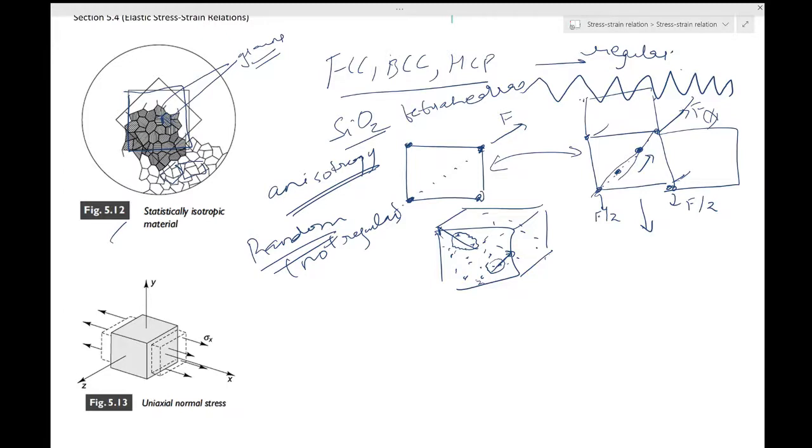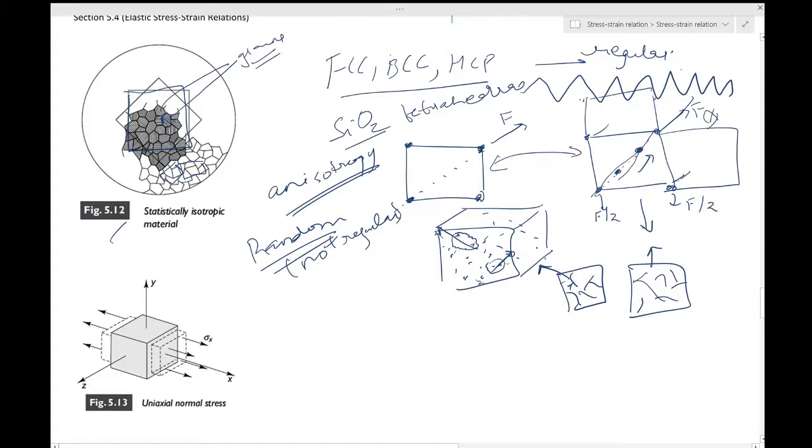Meaning if you want to apply a force on one of these parts, which will have some sort of a random structure like this, grain structures over the orientations, and the same will happen in this particular direction for the same cube, you will not see a difference in the behavior.